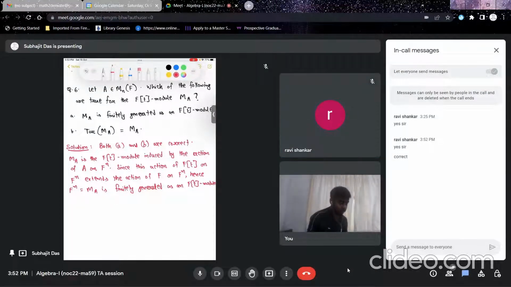Oh, yeah. So Fn is finitely generated as an F vector space. Now what is the F[t] action? Whatever way F[t] acts on Fn, this action extends the action of F, right? That we also know.